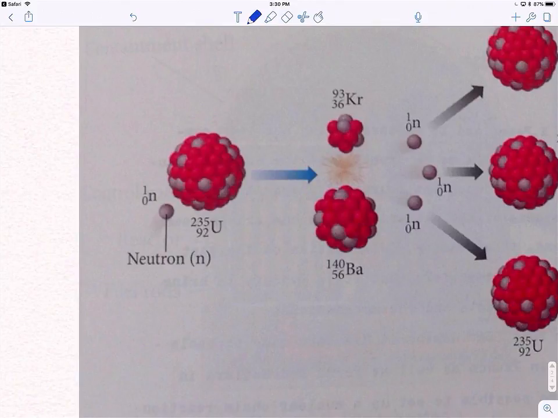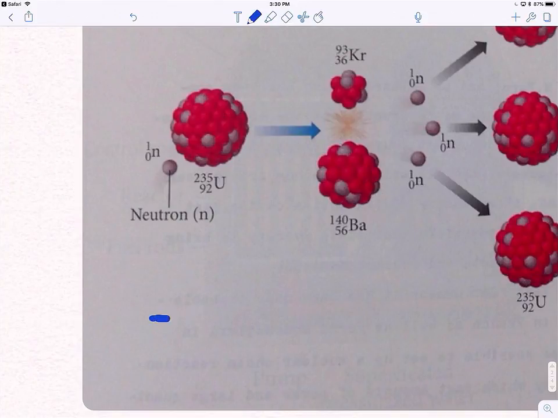If you dig up uranium from the ground, terrestrial uranium here on Earth is about 0.7% uranium-235 and 99.3% uranium-238. So the 235 is the nuclear fuel. And the reason for this is, your uranium is 92 protons, so whatever 235 minus 92 is.